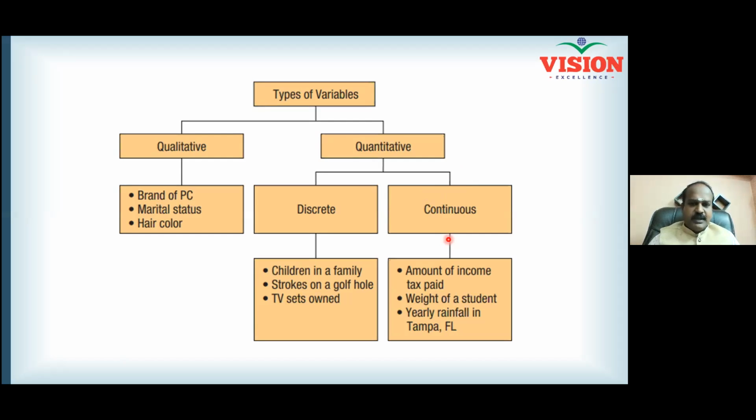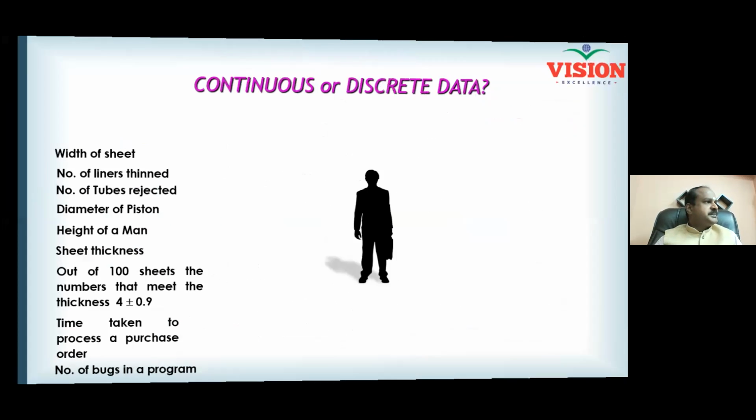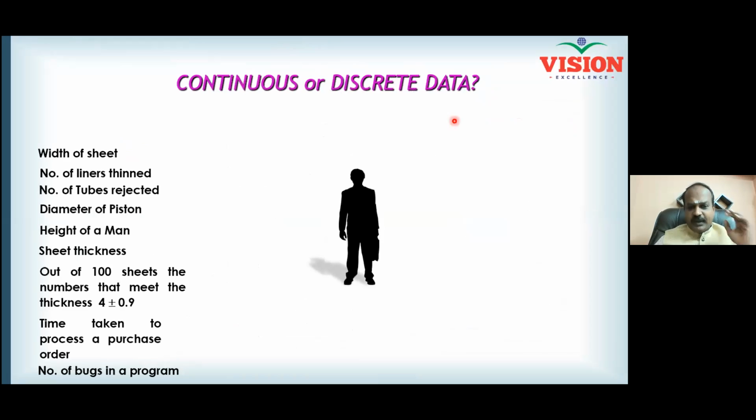Tell me the income tax you pay every year. Is it continuous data or discrete data? Continuous. It can be any number, right? You can't say it is only this number. So it is continuous. Let me check whether you have understood correctly or not. Width of a sheet, is it continuous data or discrete data?